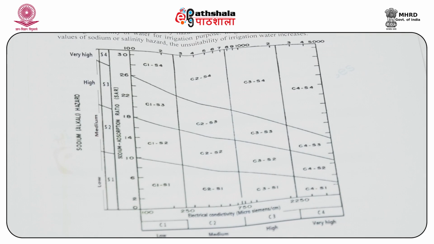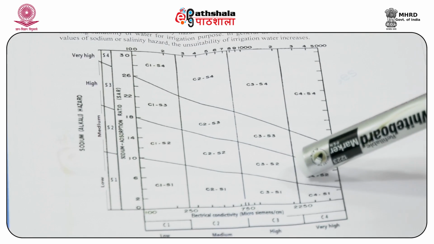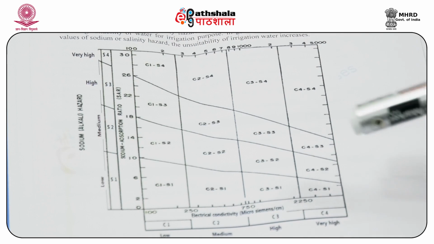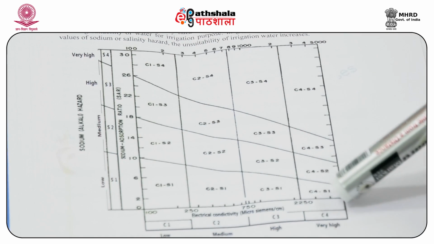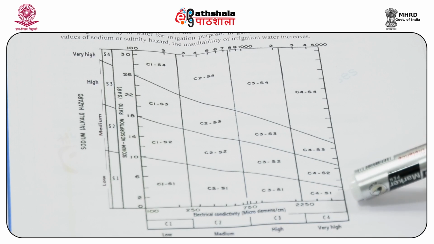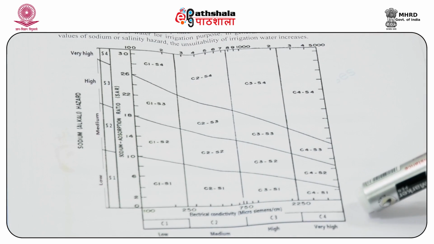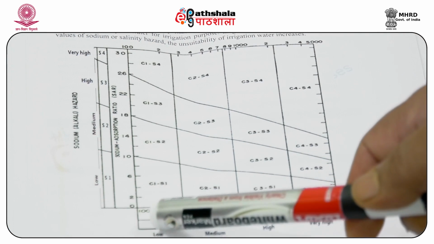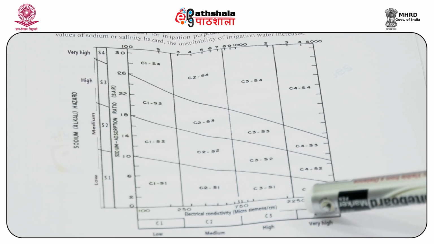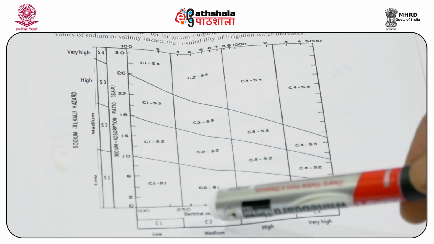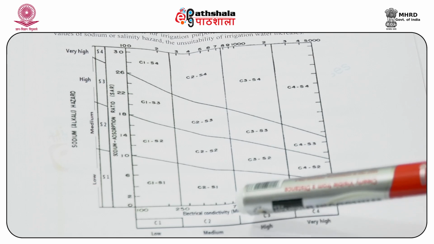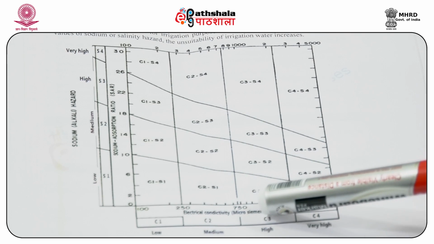Let's understand it in detail with help of the figure. Okay, this is the CS diagram. What is it? You have a horizontal scale, that is x-axis. This is a logarithmic scale. And here you have C1, C2, C3, C4. That is electrical conductivity in microsiemens per centimeter.